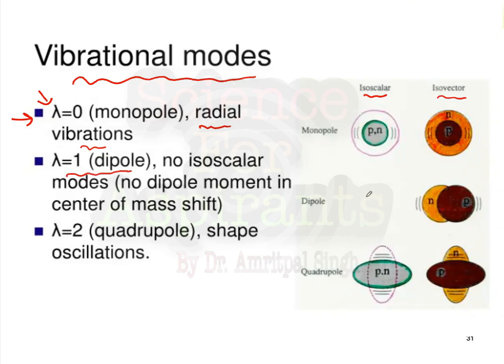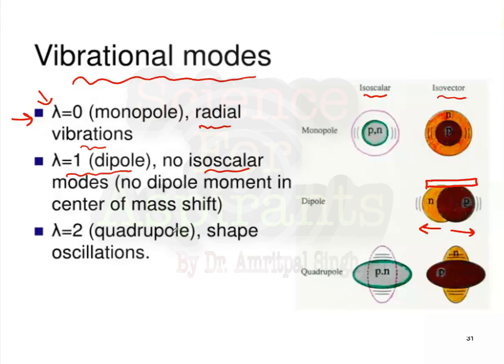Sometimes we see that the shape of the nucleus changes from its original position, and that is due to these isoscalar modes, because the neutrons move in this direction and the protons within the nucleus move in this direction. Due to the opposite motion of the neutrons and protons, the nucleus acts as a dipole, or acts as a magnet, because the particles are at opposite ends.